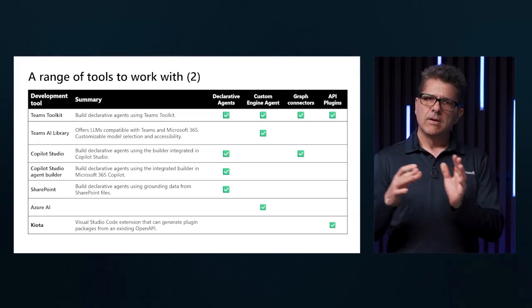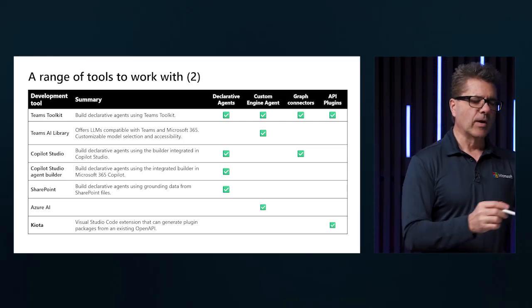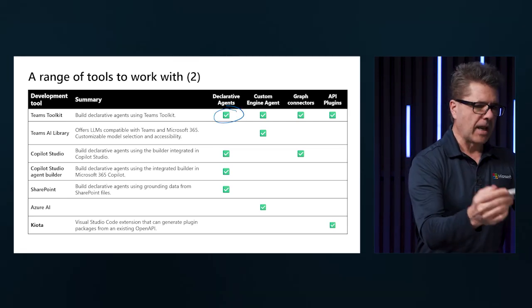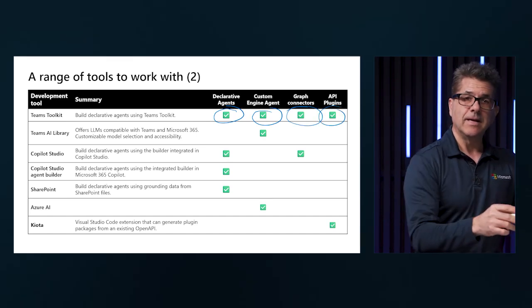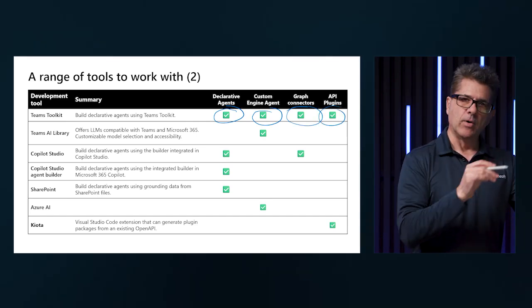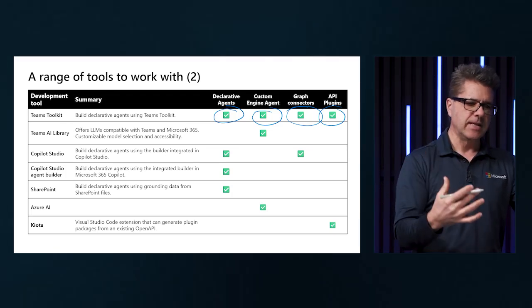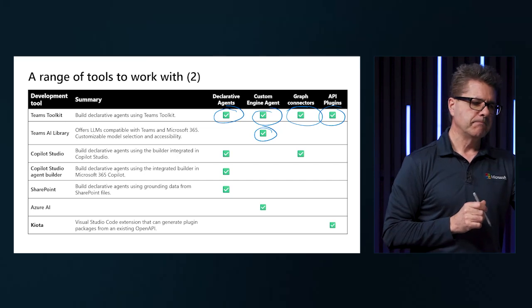Well, we're going to go to the very customization approach. So if I look at the Teams toolkit, I can have declarative agents. I can leverage the custom agents. I can also leverage the graph and the API. But if I want to use the Teams AI library to customize my apps within Teams, only custom engine agents.